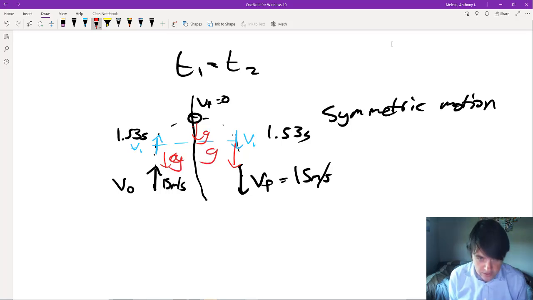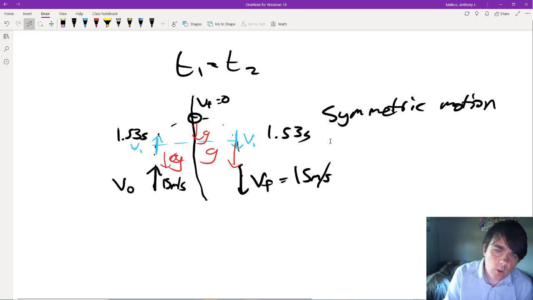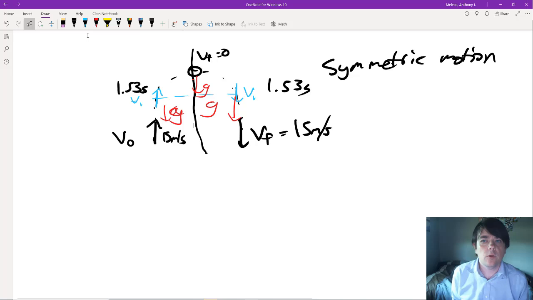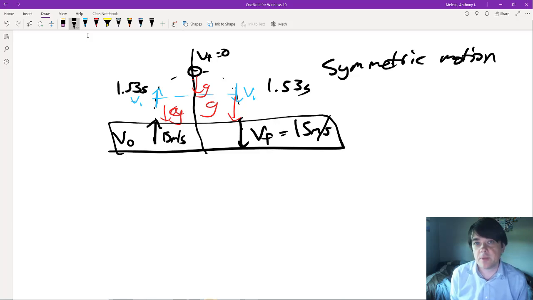It'll always be the same acceleration back down. So do use this fact in the future that our velocities are going to be the same up and down in magnitude. Should you see another problem like this, it may not be obvious initially. That's why I didn't just say, well, we know it, right? I pretended we didn't know it. But do use this fact in the future. This is a very helpful thing.